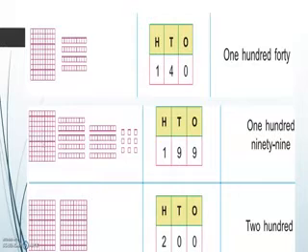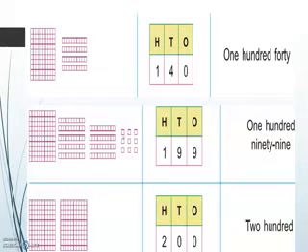Now look at the next figures. Only 1 hundreds block is there, so in the hundreds place we wrote 1. And how many tens block do we have? 1, 2, 3, 4, 5, 6, 7, 8, 9. So you have to write 9 in the tens place.